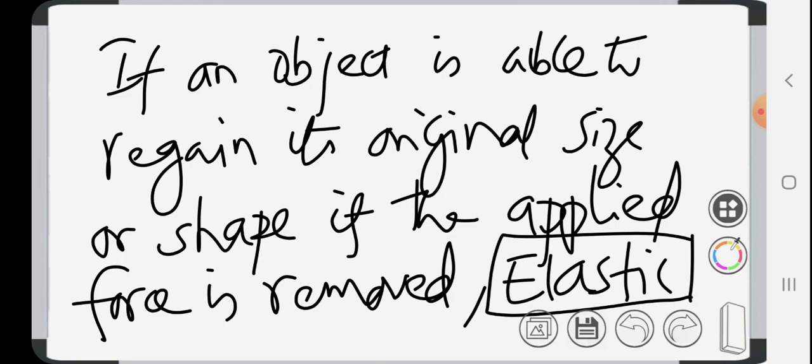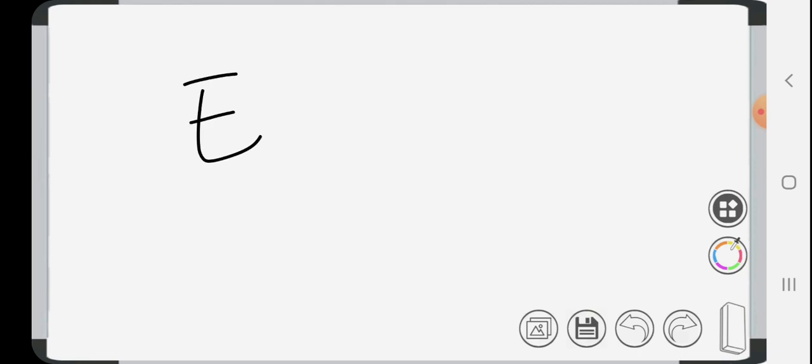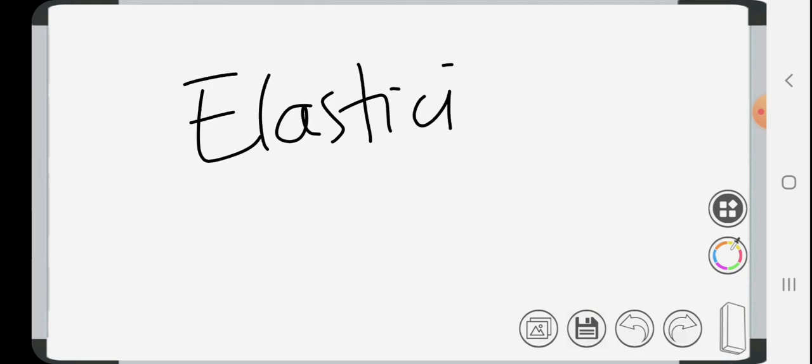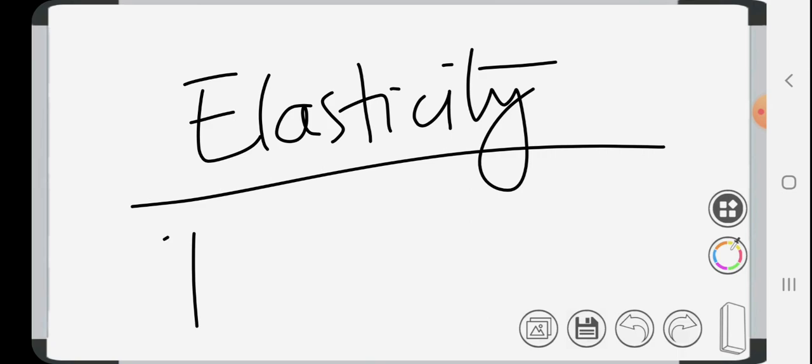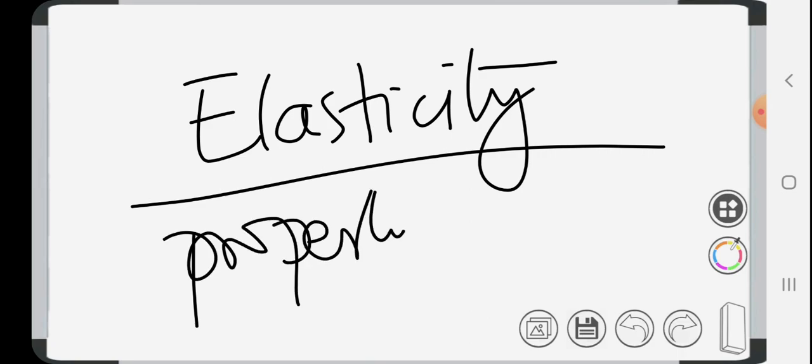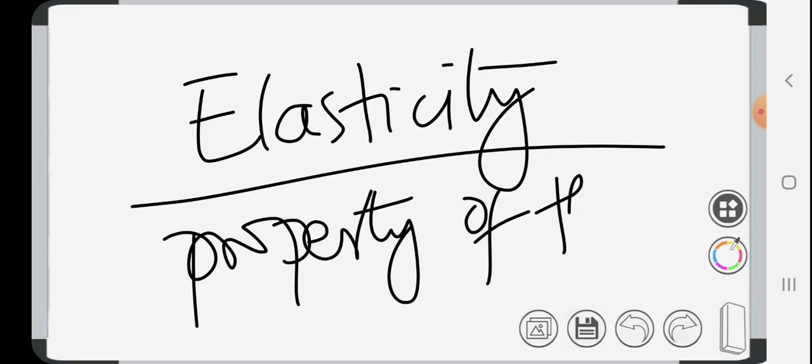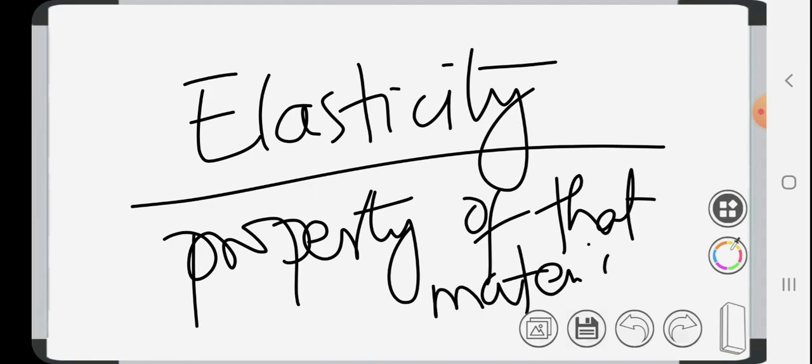The material is considered elastic, and that property of regaining size or shape is known as elasticity. Elasticity is the property of a material to regain its size or shape if the applied force is removed.